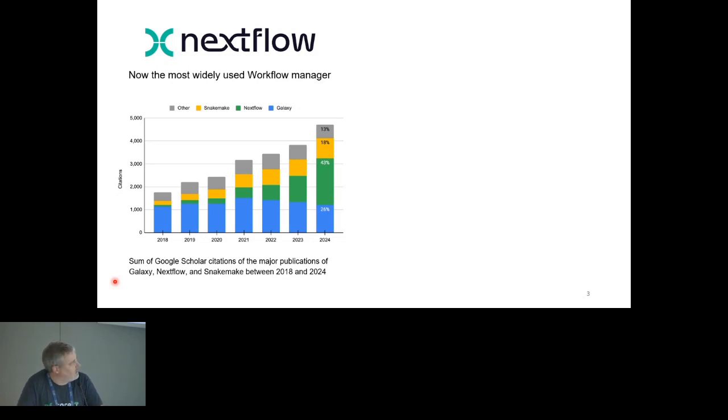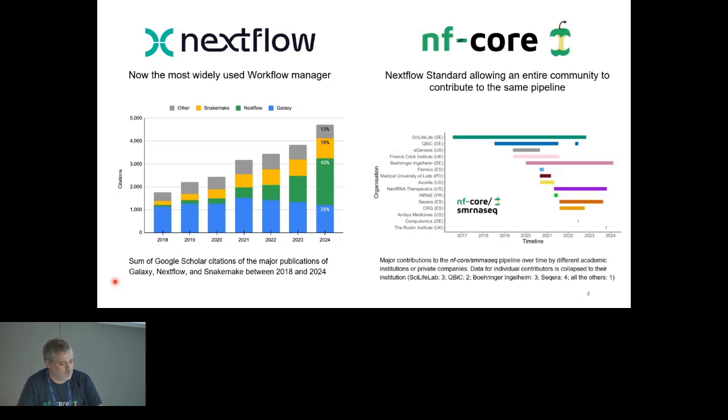But of course, if you have a language, you can talk it properly or you can talk it in a bad way. And if you want to talk it politely, you need a standard. And this standard is nf-core. So nf-core is a standard for developing good practice Nextflow pipelines. And this standard allows you to do things like several groups contributing to the same pipeline at the same time.